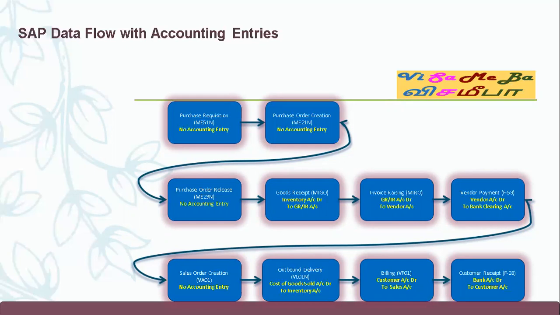And when the vendor sends the invoice, then it's goods receipt or inward receipt account, GRIR account debit to vendor account. And when the payment is done to the vendor, then it's vendor account debit to bank clearing account.